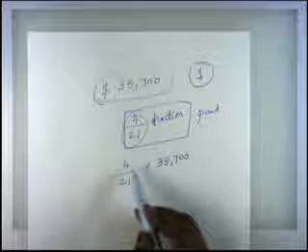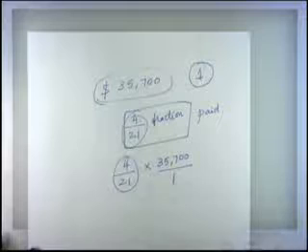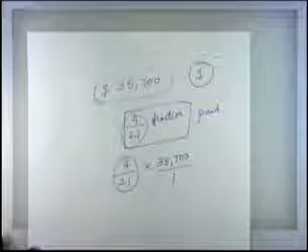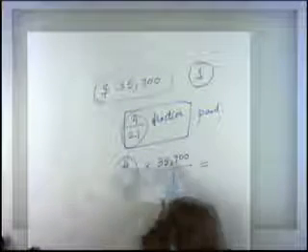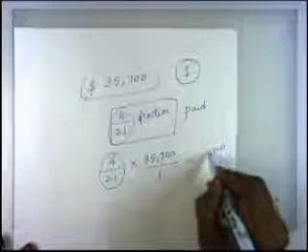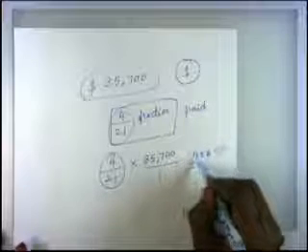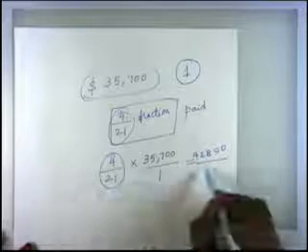So when you multiply a fraction and a whole number, always put a placeholder 1 at the bottom. And then you multiply the numerators together. So I would get... and then I multiply the denominators together.